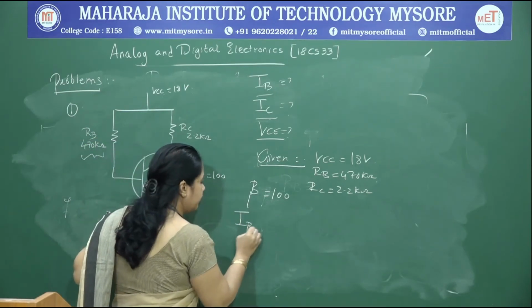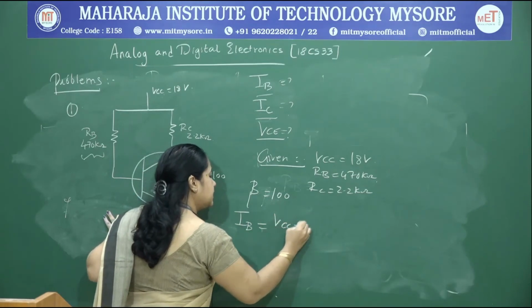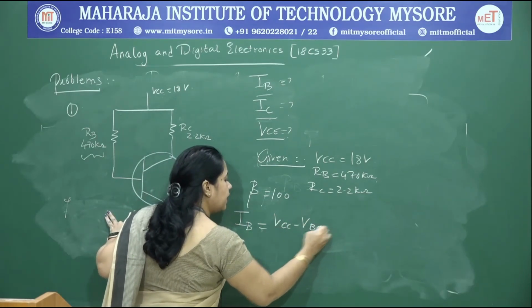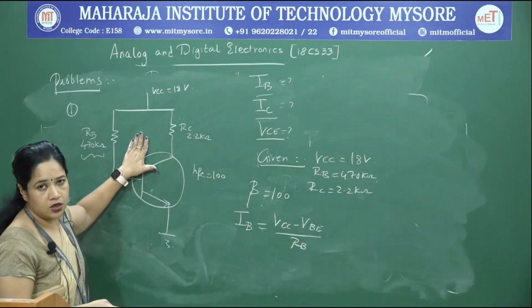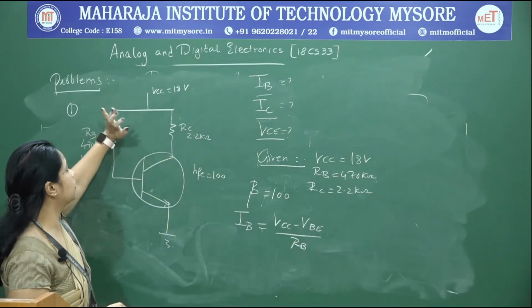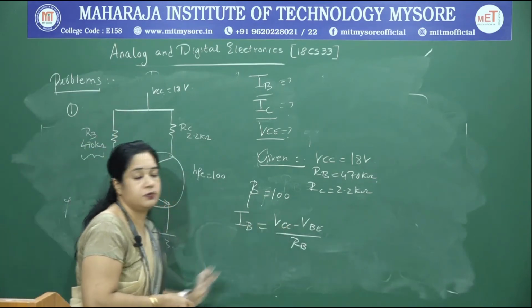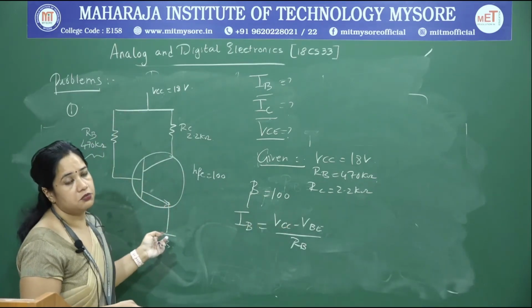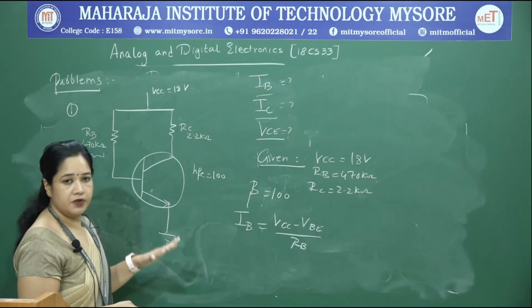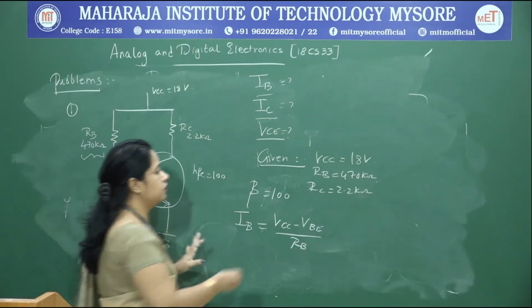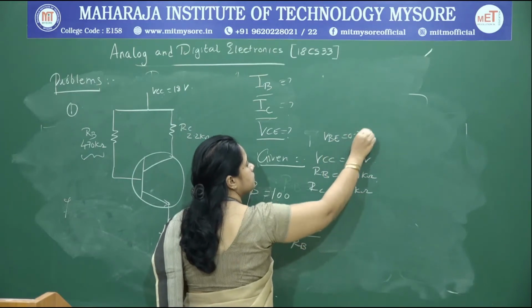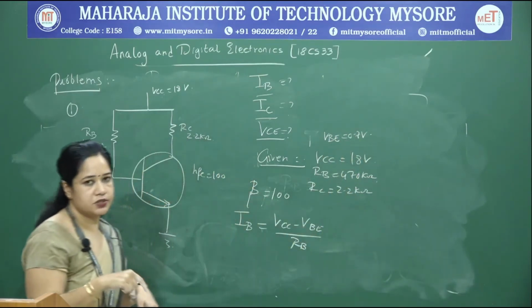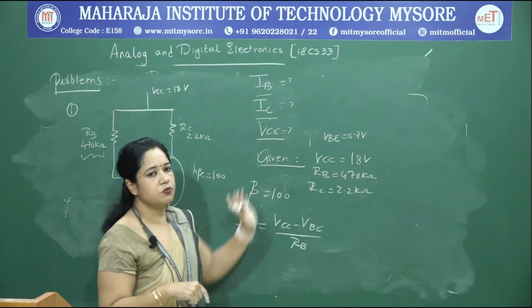IB, you are already aware, is VCC minus VBE by RB. If it is not given, usually they give you the base emitter cut-in voltage, or otherwise we will assume it is a silicon transistor and we will assume VBE is 0.7 volts, because usually we go with silicon transistors which have a cut-in voltage of 0.7.